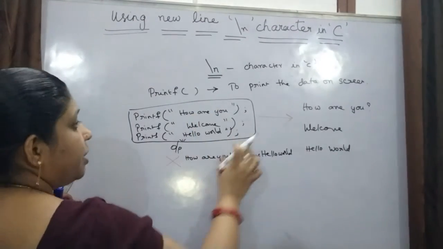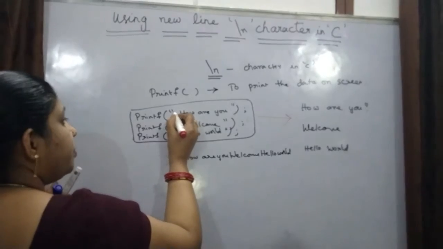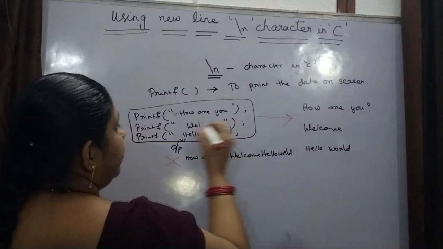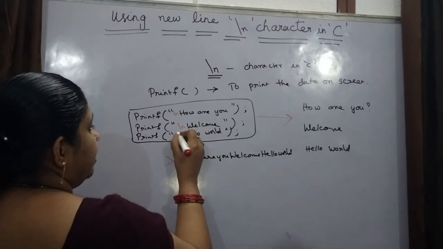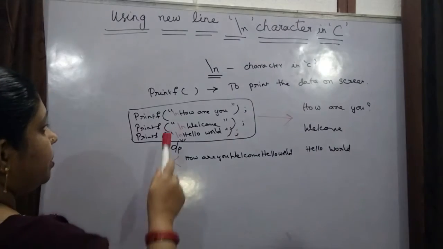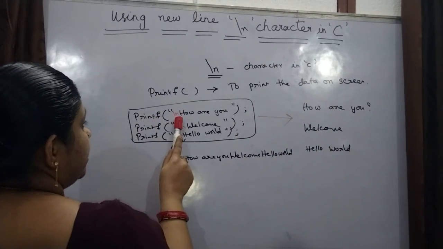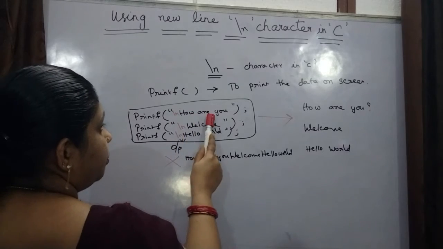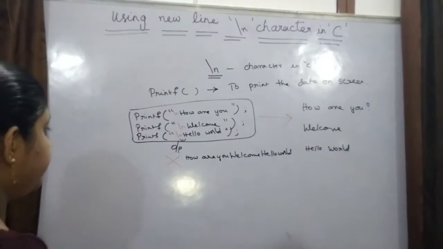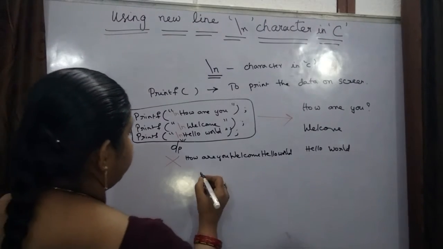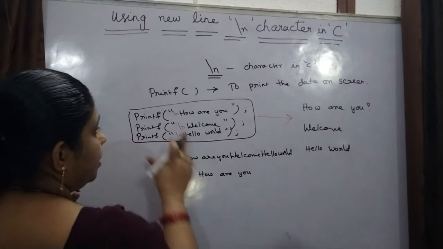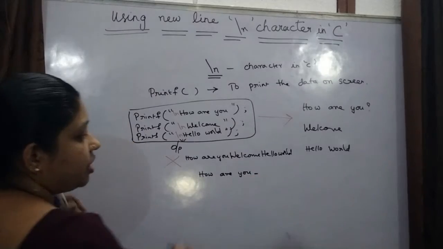If you want the data to print on separate lines, you have to give \n here, and here also \n. Understood? Now if you give printf \n, how are you? It will print like this: how are you? Over. Now the cursor starts blinking here.